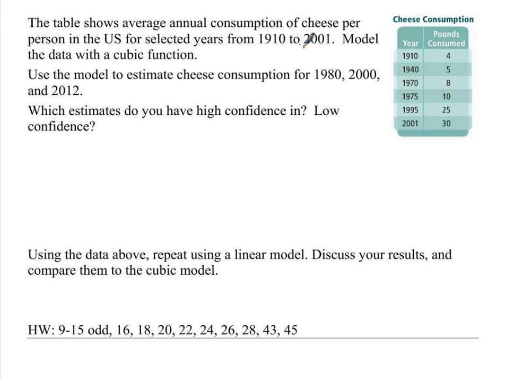Okay, so for selected years from 1910 to 2001, model the data with a cubic function, it says. Use the model to estimate cheese consumption for those 3 particular years. Which estimates for 1980, 2000, and 2012 would we have a high confidence in?